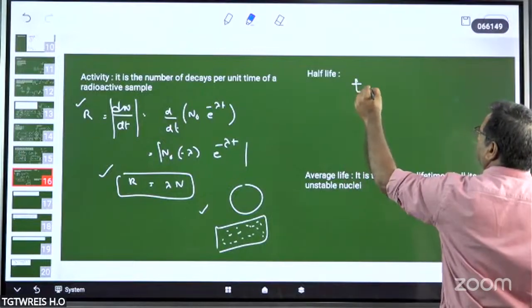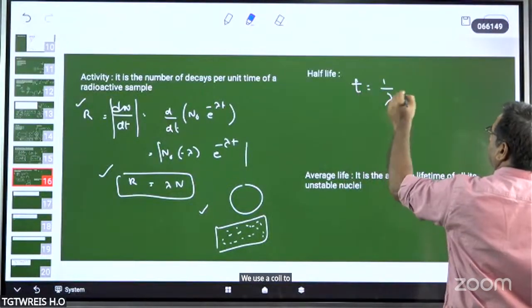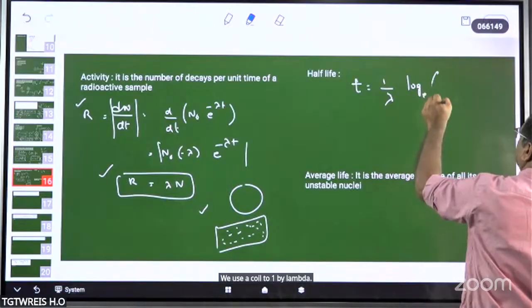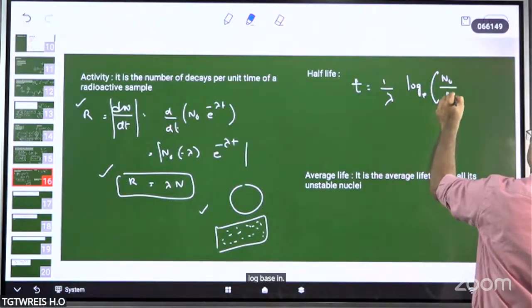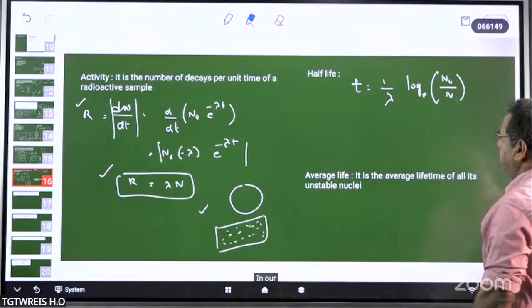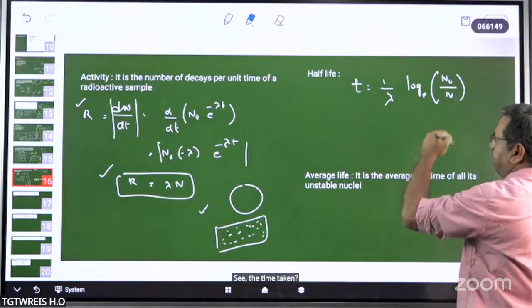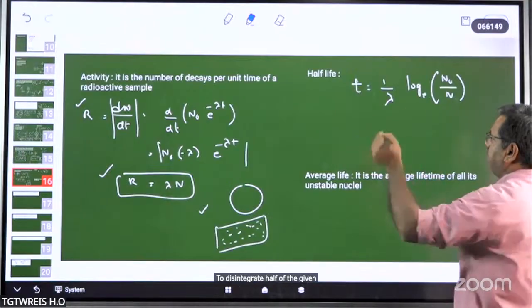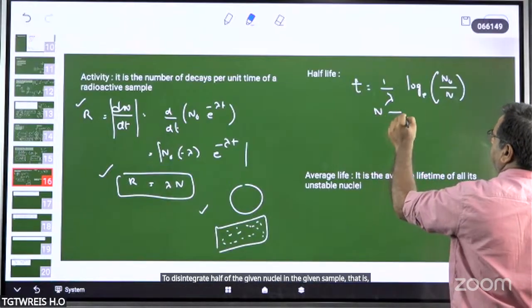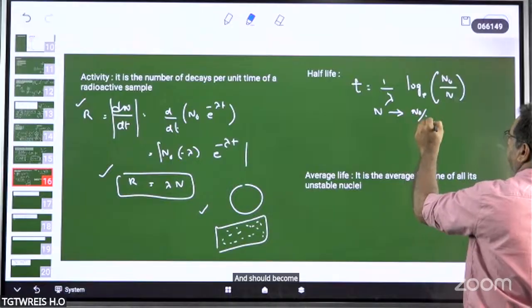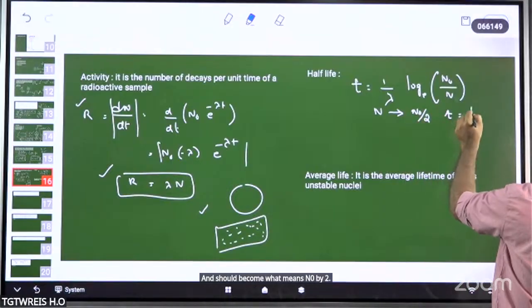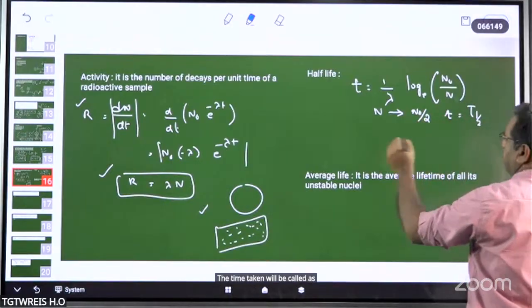T is equal to 1 by lambda log base e n naught by n. The time taken to disintegrate half of the given nuclei in the given sample, that is, n should become n naught by 2, will be called the half-life, T half.